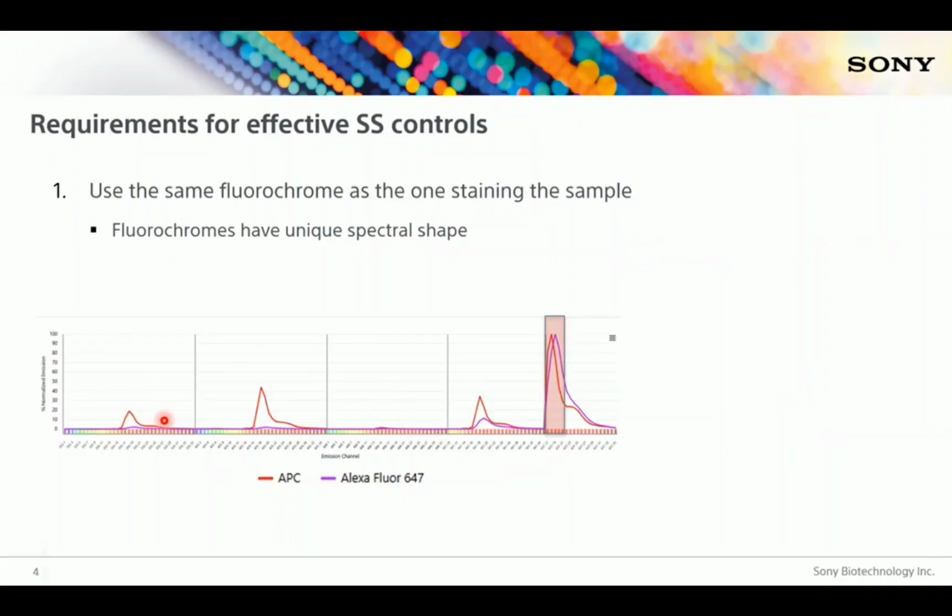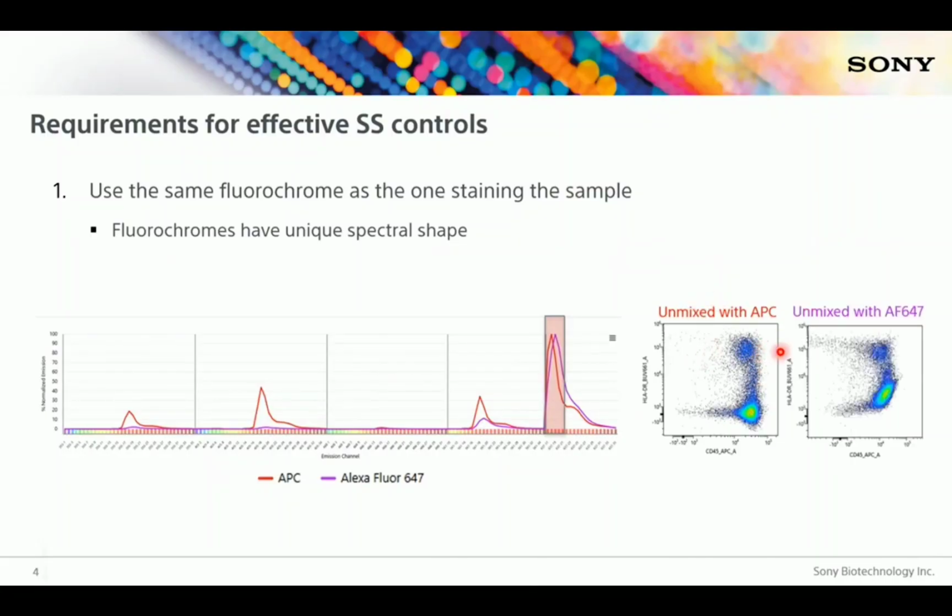For example, if your sample is stained with APC, the single stain control must also be stained with APC. And here I'm showing what happens when an unmixing matrix is calculated using Alexa Fluor 647 instead of APC. It results in an inaccurate unmixing. So understanding this is vital for ensuring effective controls in our experiments.